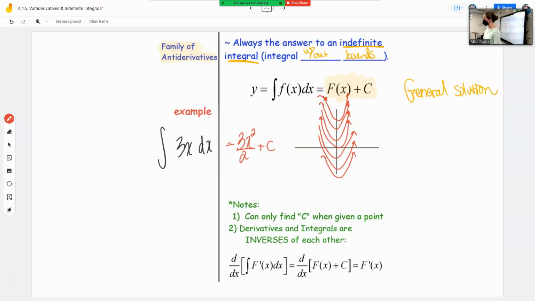Infinitely many, right guys? Because I don't know exactly which one it is. All I know is it's one of them, with a vertical shift. So basically all the different possible solutions, that's what's called the family. They're off by vertical shifts.